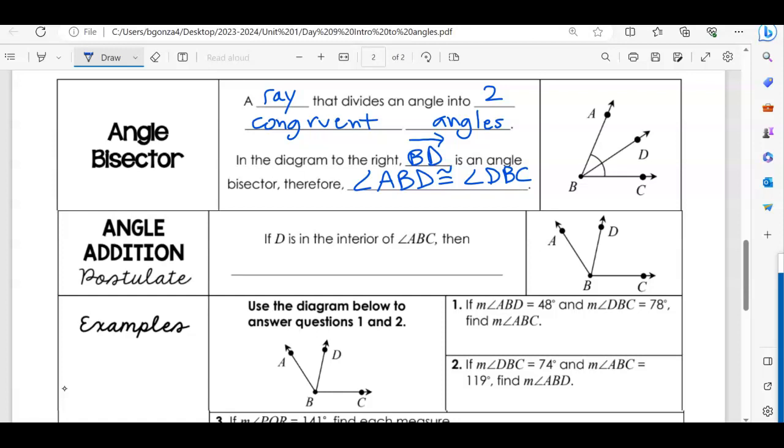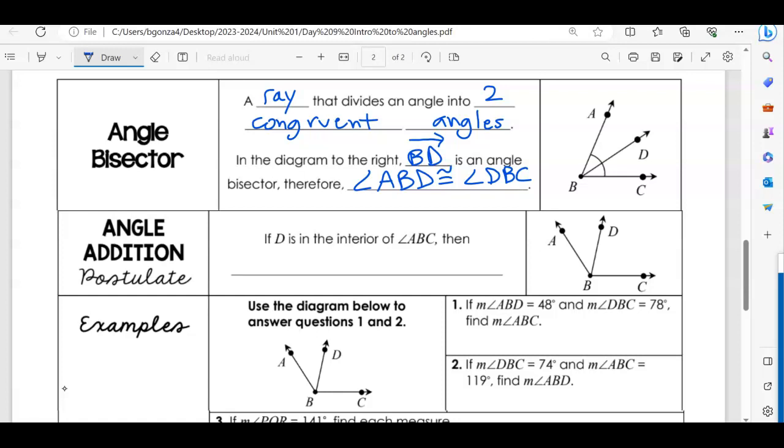Now, angle addition. Here's how you do this. Do y'all remember when we did segment addition, where we did part plus part equals whole? Well, guess what? We're going to do the same thing with angles. Part plus part equals whole. What is the name of this left part of the angle? What three letters? ABD.